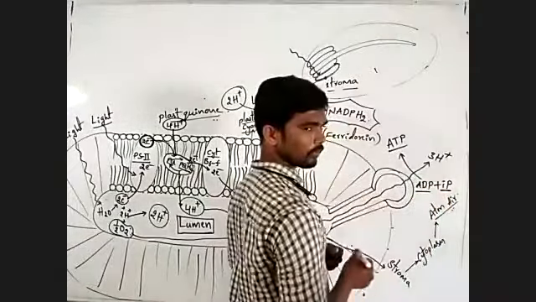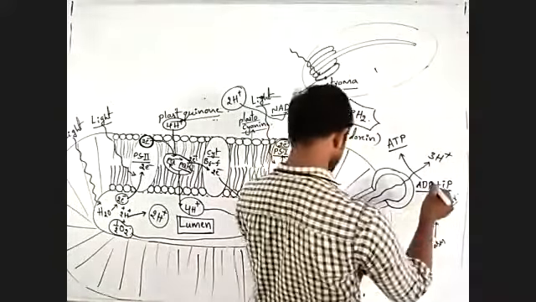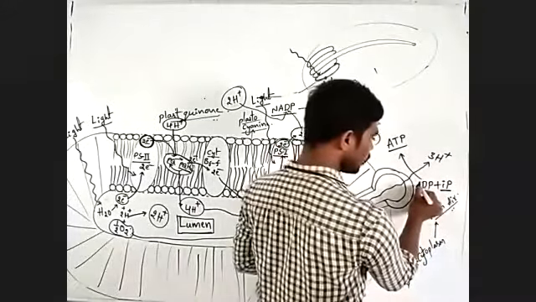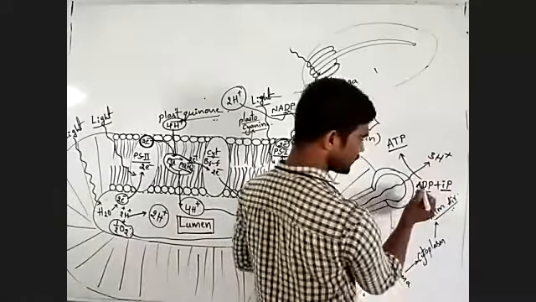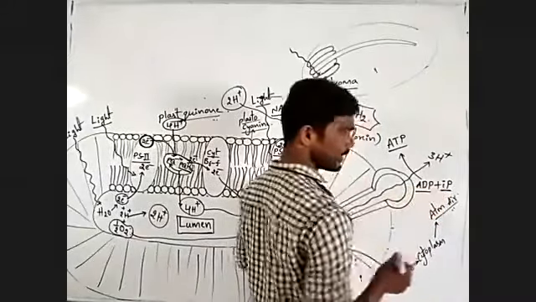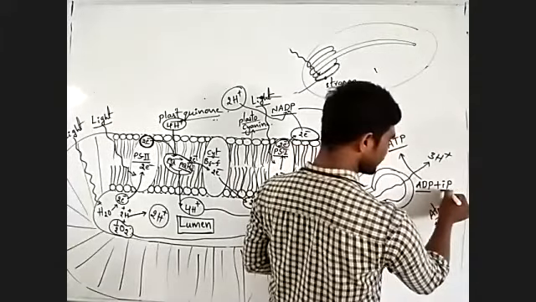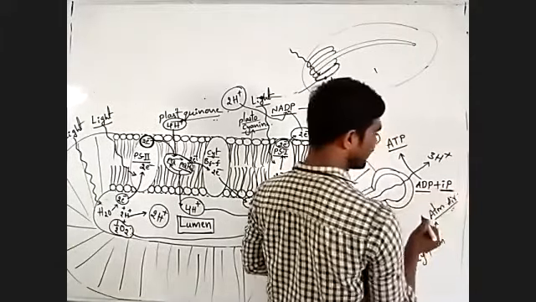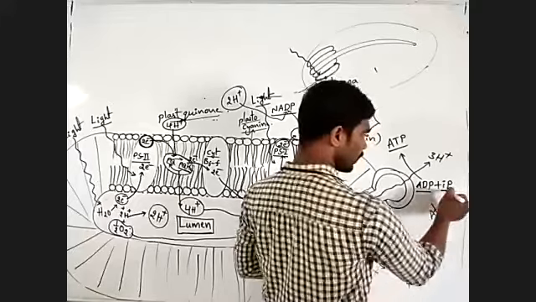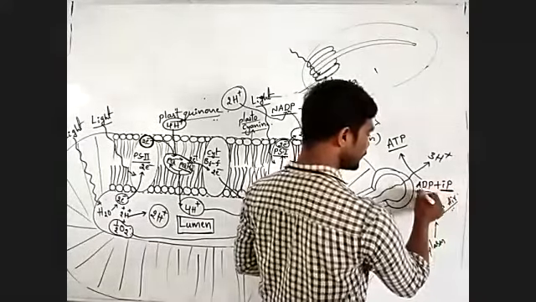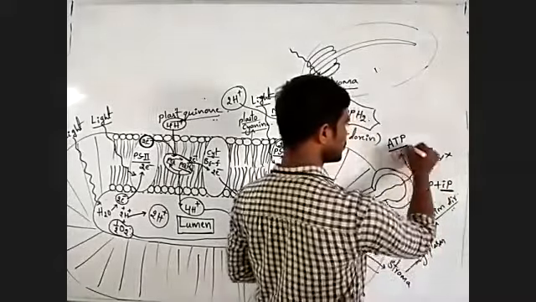ADP means adenosine diphosphate, where 2 phosphates are there. Now another separate inorganic phosphate combines with the ADP to form the ATP.